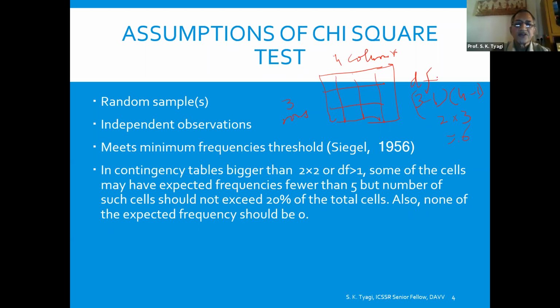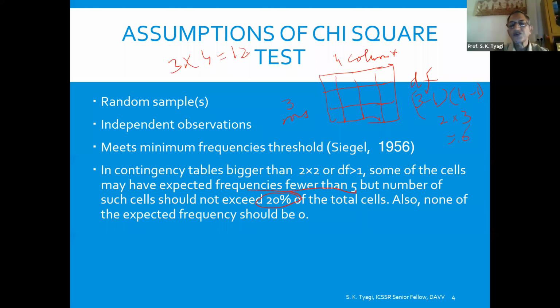Okay, so in a contingency table bigger than 2 by 2, some of the cells may have expected frequency fewer than 5, but such cells will not exceed 20% of the total cells. The total number of cells in this case is 3 into 4, which is equal to 12.